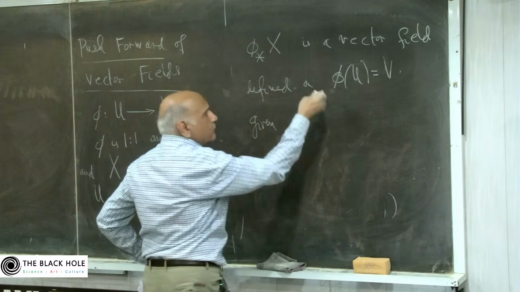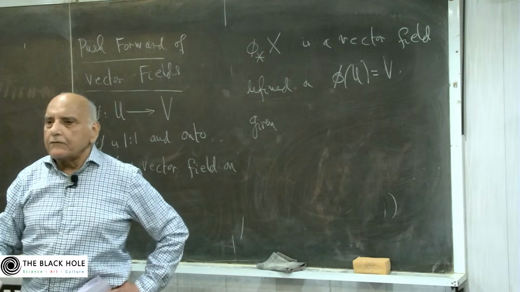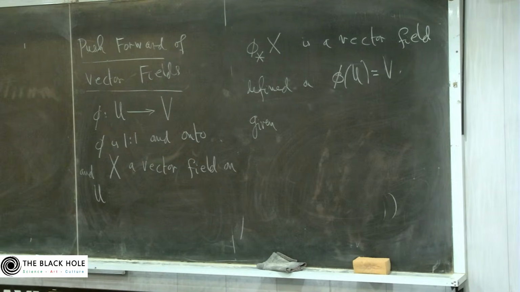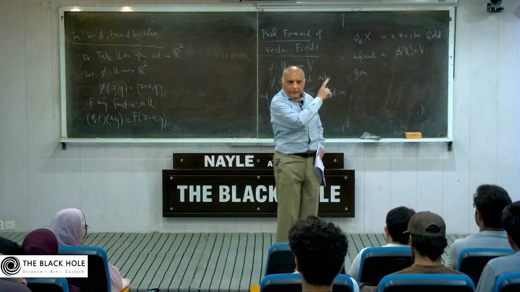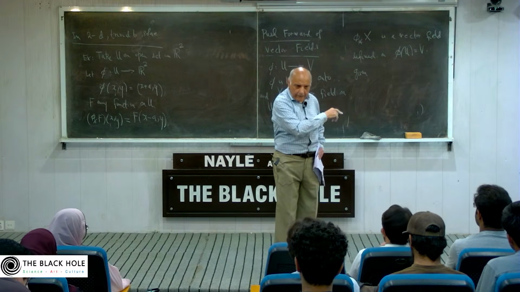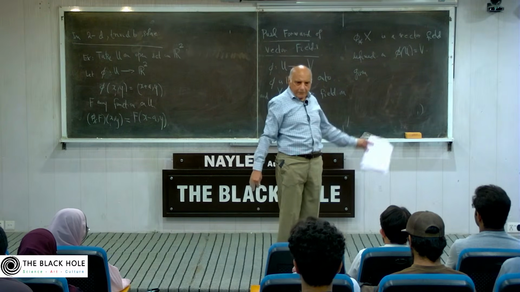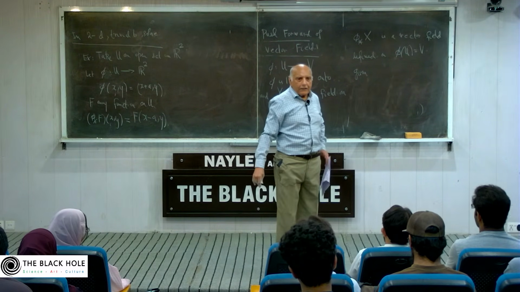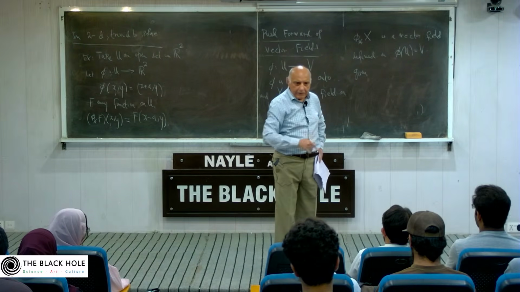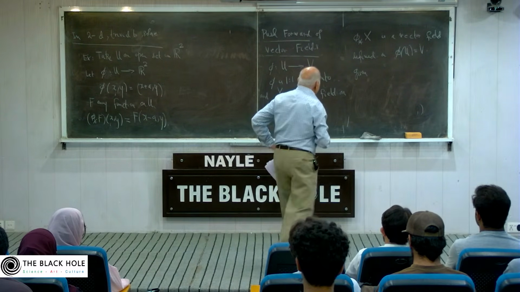If I have a point P in V, first I pull it back, I compute phi inverse of P, and then I apply X at phi inverse of P, and then I take the differential, and it will land me at a vector at the point P. Okay, that's how we define it.